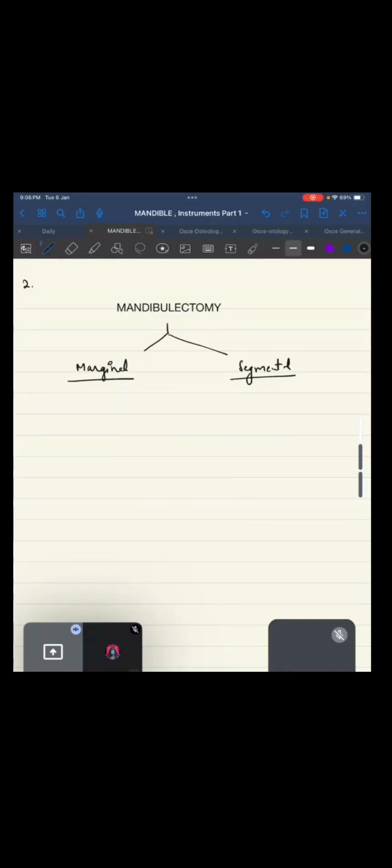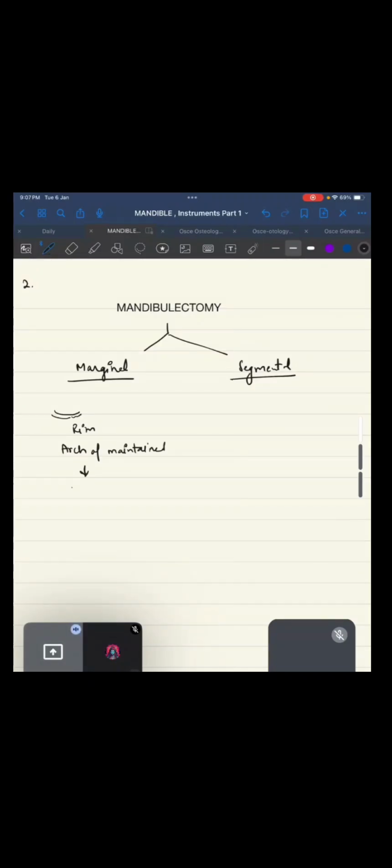In marginal, what we do is we take out a small rim of the mandible. The advantage is that the arch of the mandible is maintained, because of which the stability of the arch is maintained.